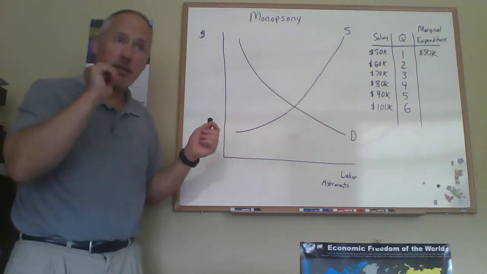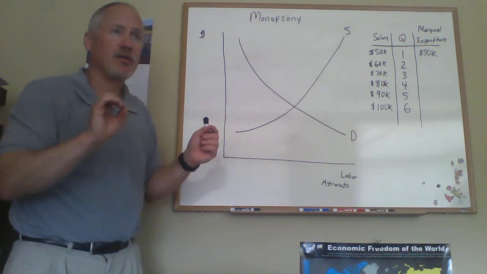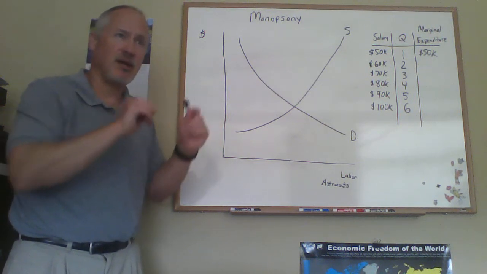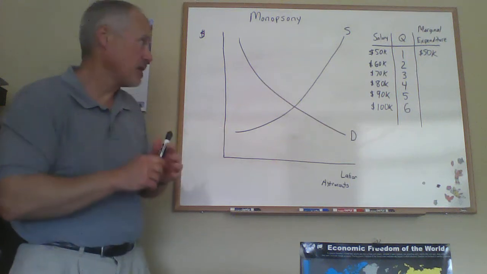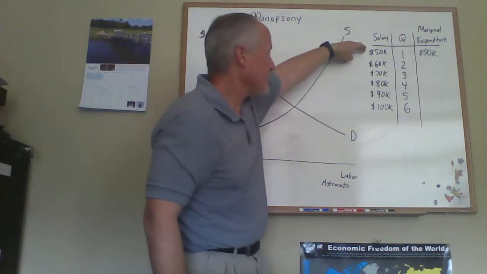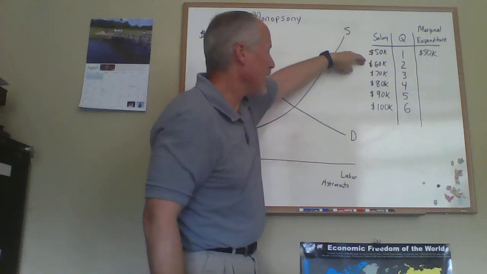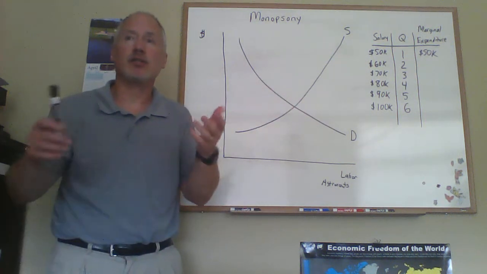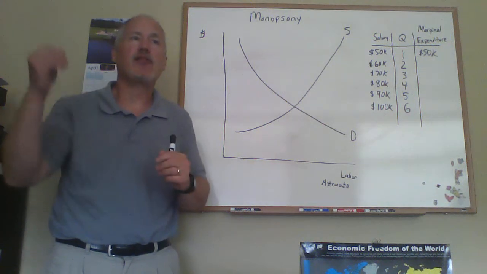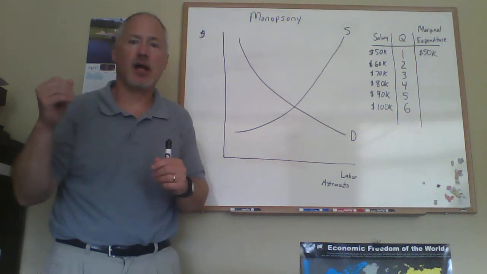So if you assume that the employer here has to pay the same salary to all these workers, then as they go from hiring 1 astronaut to 2, we know that to get a second qualified person to work as an astronaut, they have to bump the salary up to $60,000.